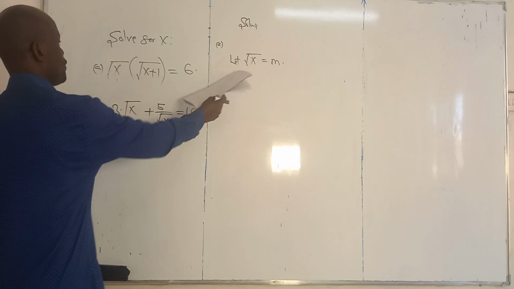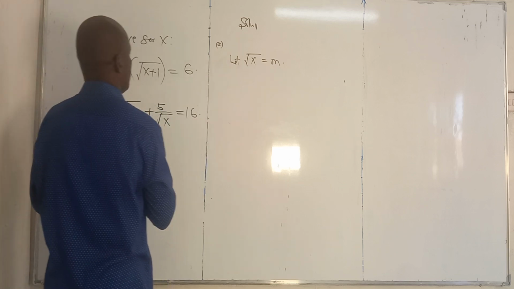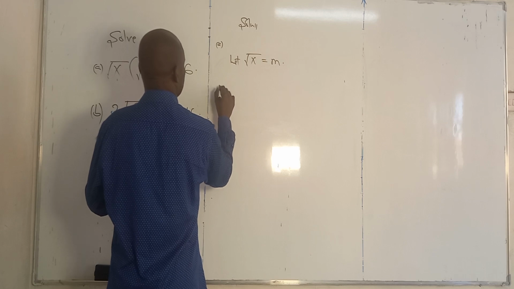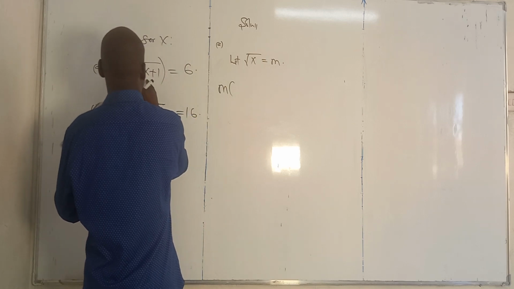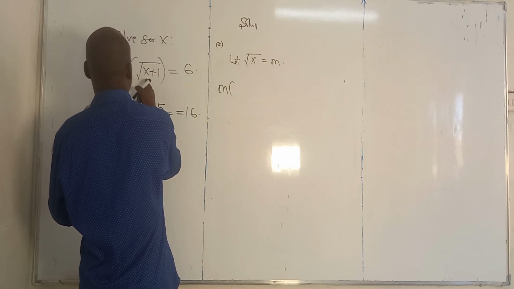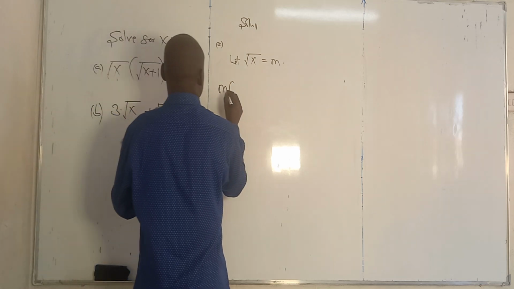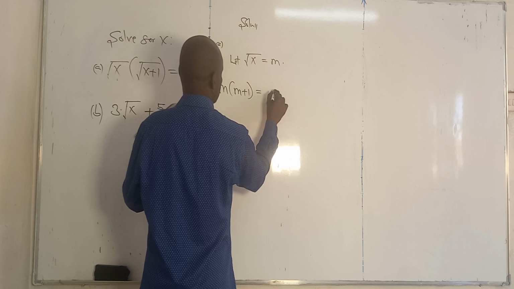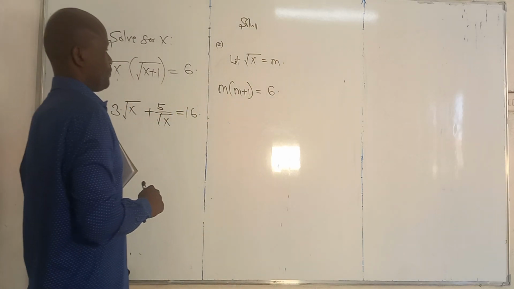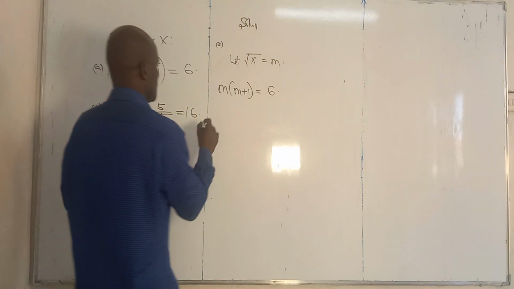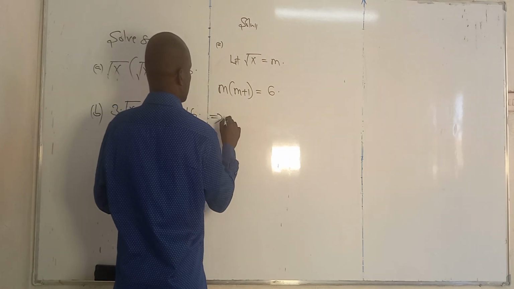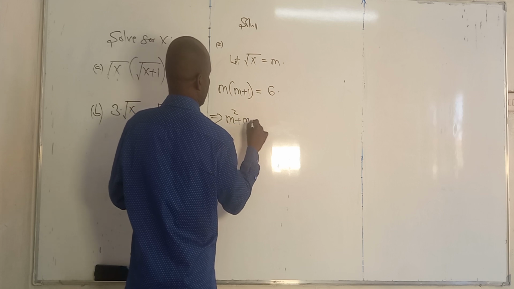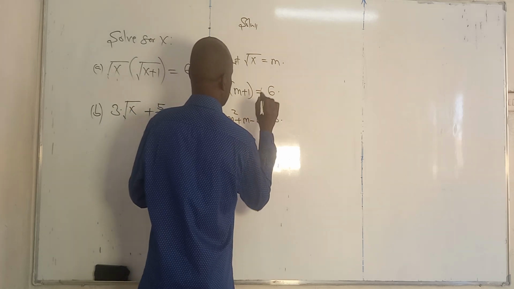Because now if root of x is m, then we have m into m plus 1 is equal to 6. This means that m squared plus m minus 6 is equal to 0.